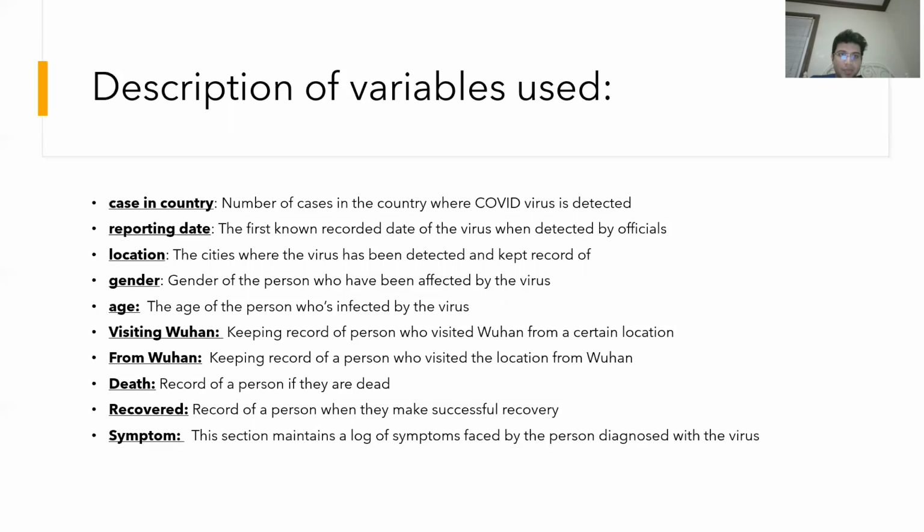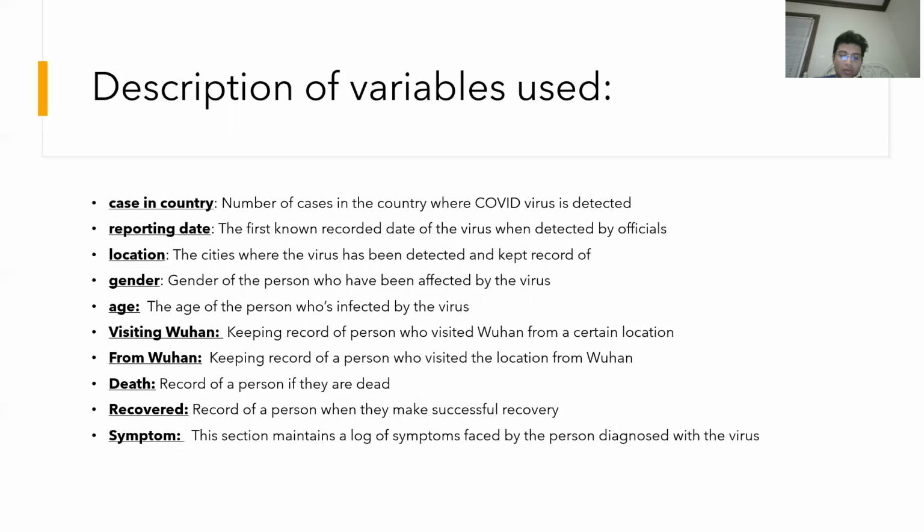Reporting date: the first known reporting date is the date of the first recording of the virus by the officials in their official log, so that they can keep track of when the disease started. Location, as I said previously, is which cities the virus was detected in.